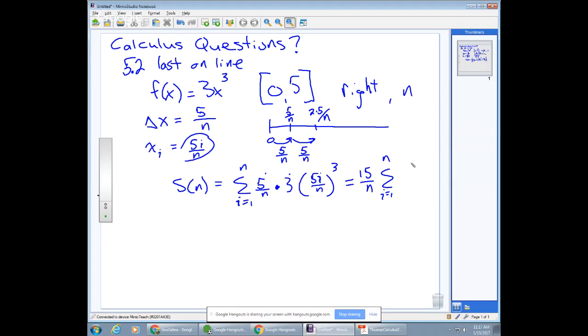So 5 times 5 is 25 times 5 is 125, i cubed over n cubed. And I can also pull out that 125 and the n cubed. So 15 times 125, whatever that is, we'll figure that out later. And then I'm going to have an n to the 4th out here. And then I'm left with the sum as i goes from 1 to n of the i cubes.